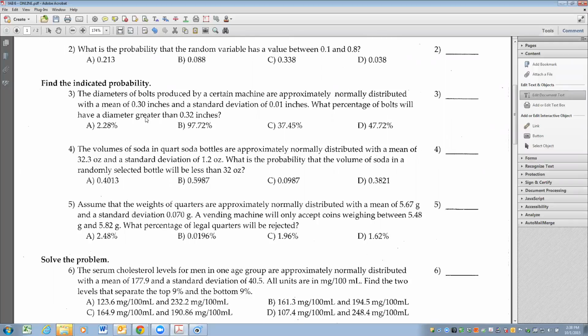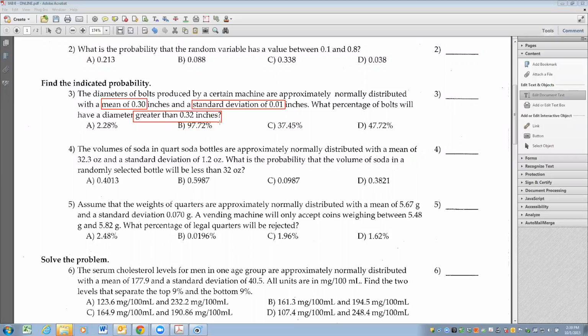The normal probability will be like the last examples that you did in the example video, where you're given a mean and a standard deviation, and some value that we want to look at and a direction.